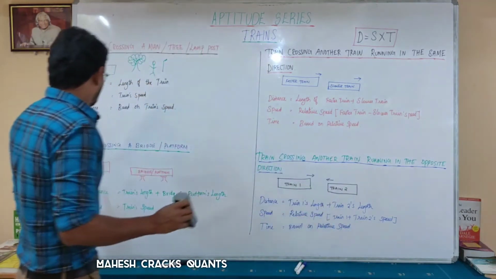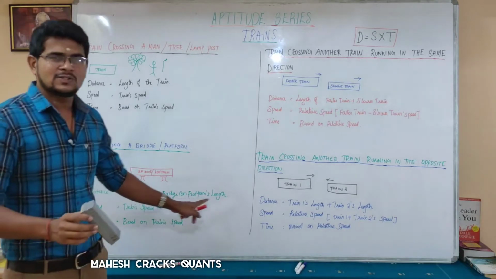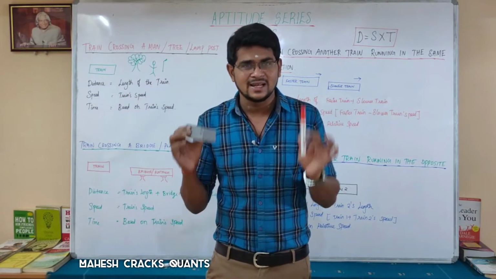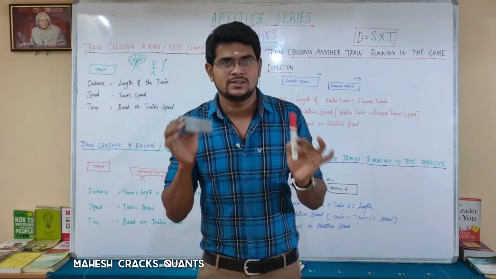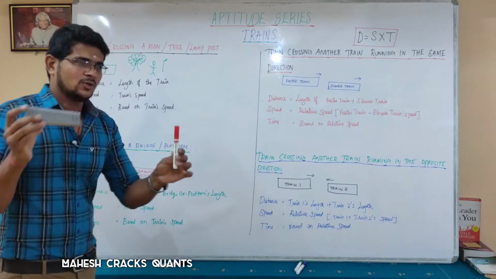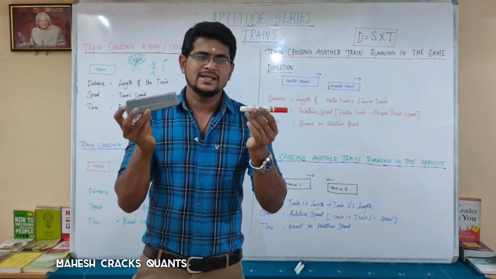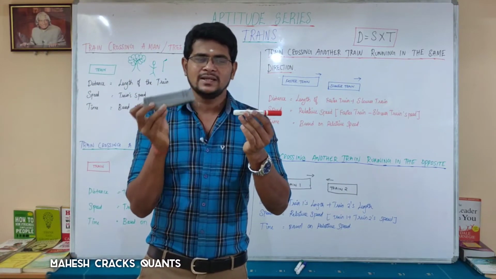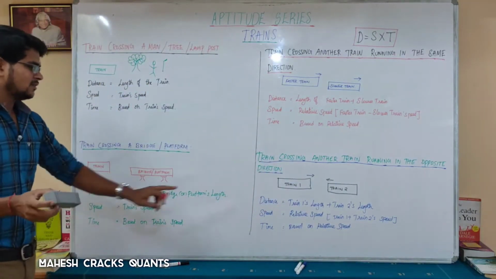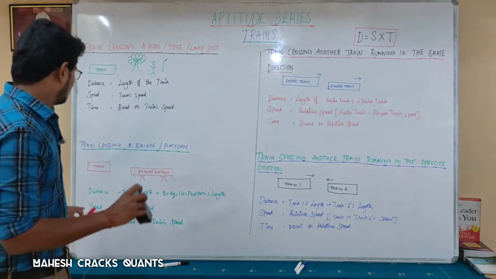So the distance is the train's length plus the bridge or platform's length, because if the other object has a length in meters, we have to consider that length and add it to the distance. So if the train crosses a bridge or platform, it covers both distances together: the train's length plus the bridge or platform's length.